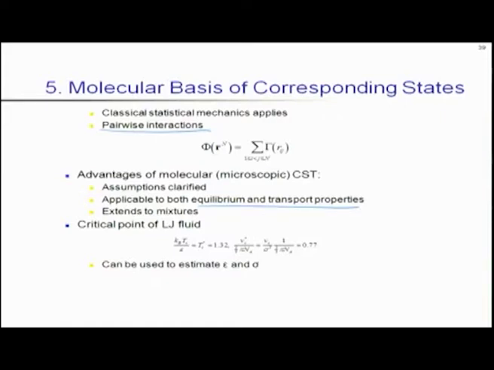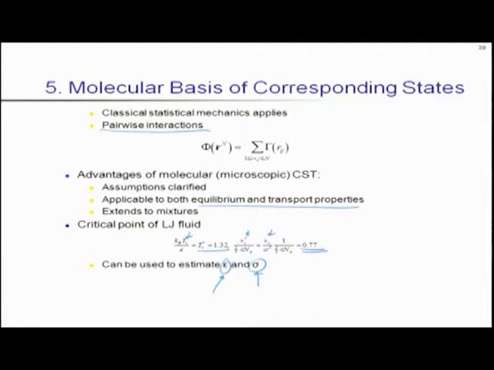Now, given this information, we can estimate epsilon and sigma, because for Lennard-Jones the reduced critical point and reduced volume are known. The reduced critical point is 1.32, and the reduced volume is 0.77. You would know Tc of, let us say, methane, and you would know Vc also.